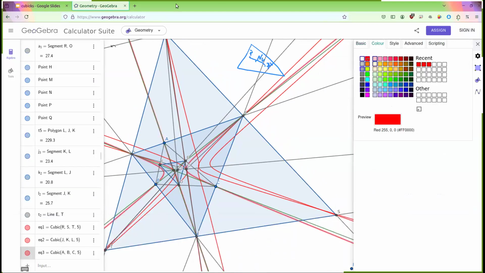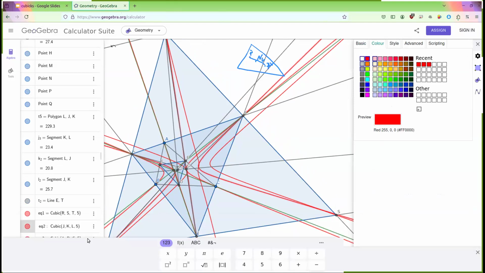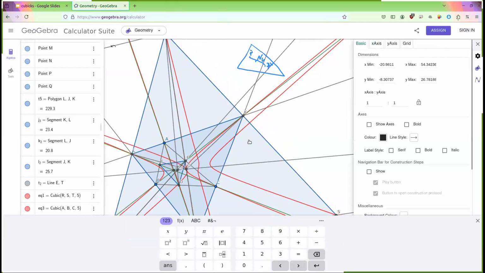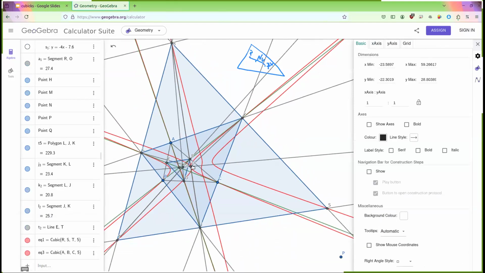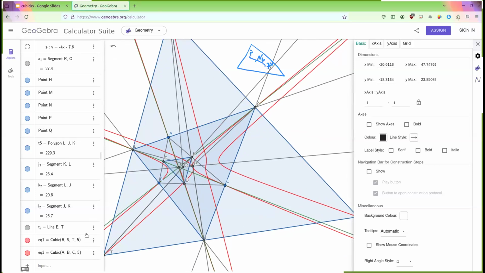So by two applications of the theorem, let's delete this. We have that O lies on the cubic of RST if and only if O lies on the cubic of ABC. So how do we prove that O lies on the cubic of ABC? Like how do we prove that O prime and N9 are collinear?